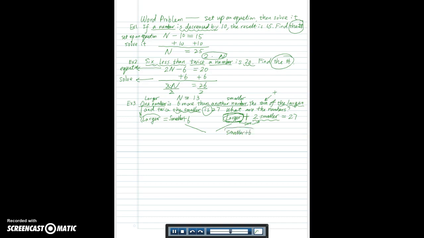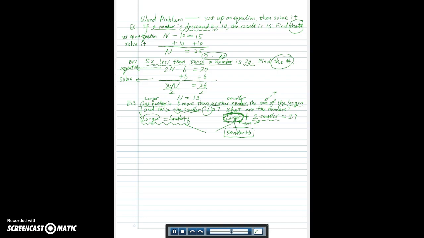Why? Because from the first sentence, we get this equation, which tells us the larger is exactly smaller plus 6.